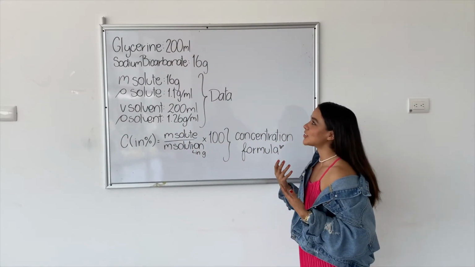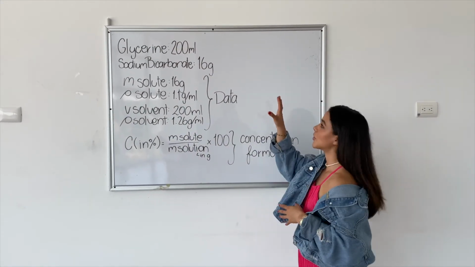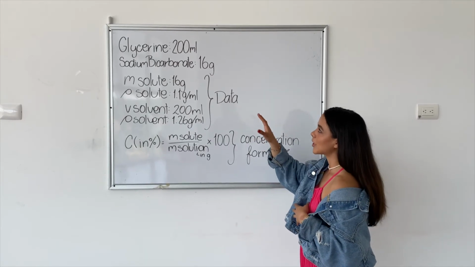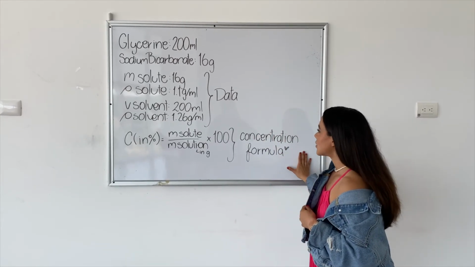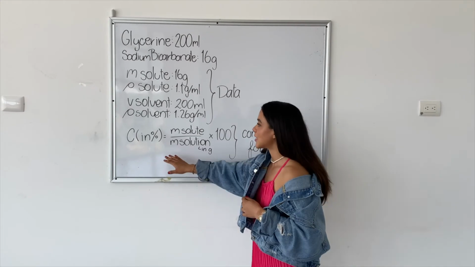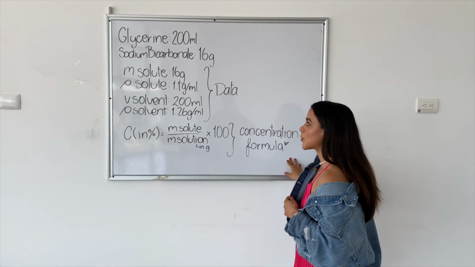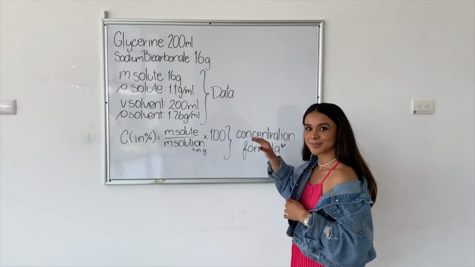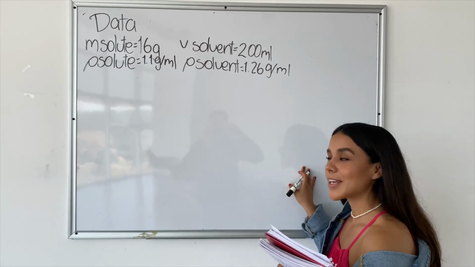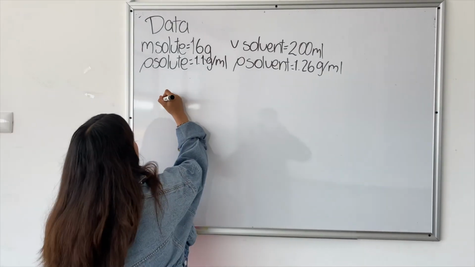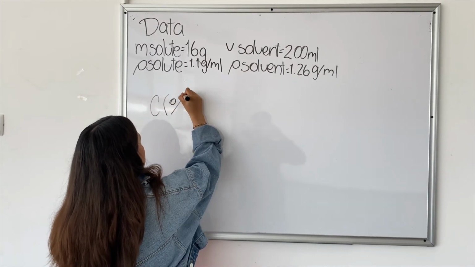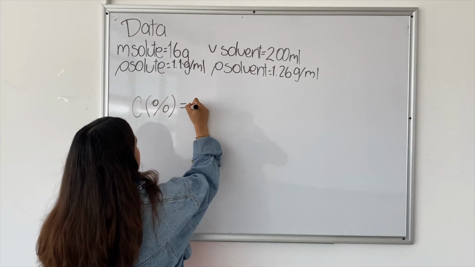So for the next solution, we use glycerin with 200 milliliters, sodium bicarbonate with 16 grams. We decided to use this concentration formula in percentage, and for this specific formula, we're gonna use this data. Okay, so as we already stated, for this solution, we're gonna use the following formula, which is concentration in percentage.